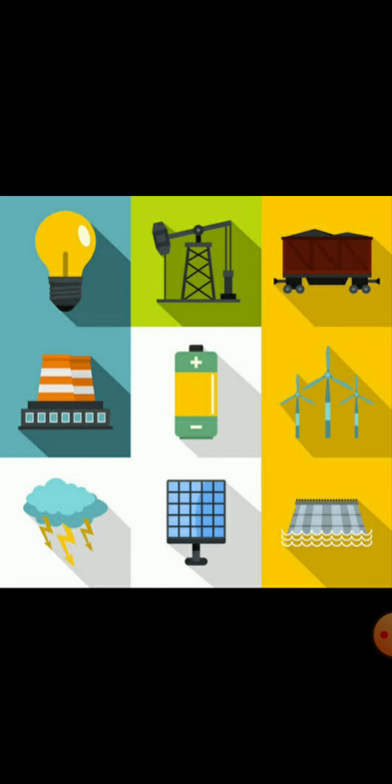So let us take an example for that. If we drop a plate from a height, what will happen? The potential energy of the plate is converted mostly to sound energy when it reaches the ground. Another example.